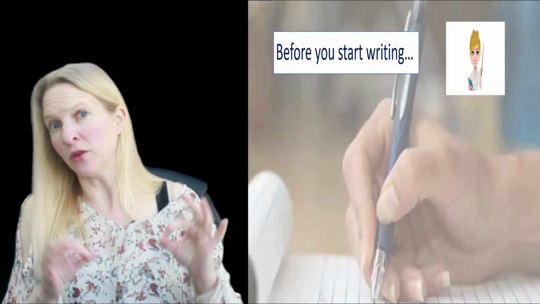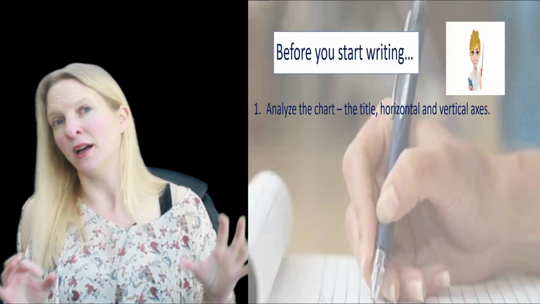So how do we approach this? You have 20 minutes to describe these two graphs. So firstly, what's really important is that you take 2 or 3 minutes in advance to write down the most important points regarding these graphs. So you're going to do a quick analysis of each graph.